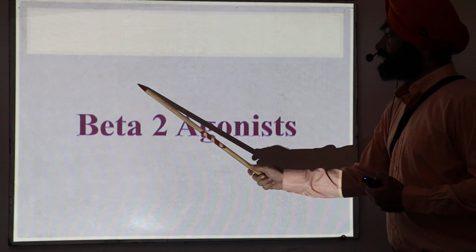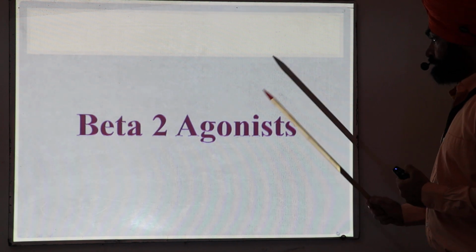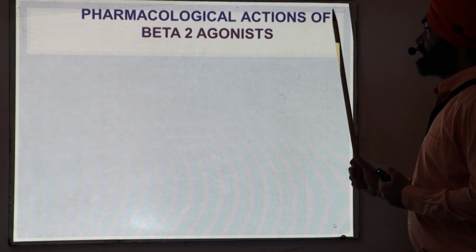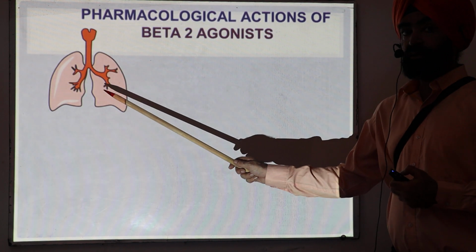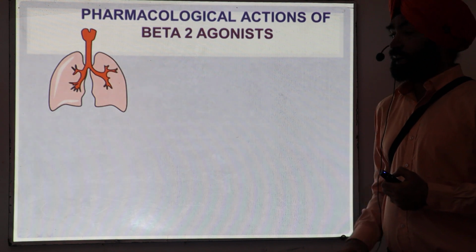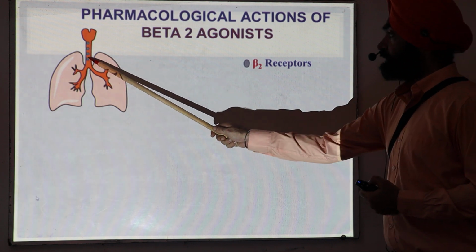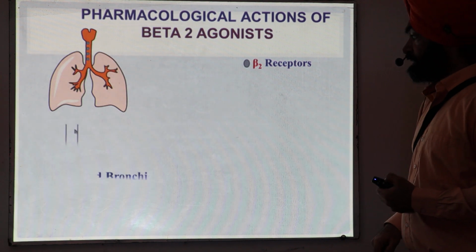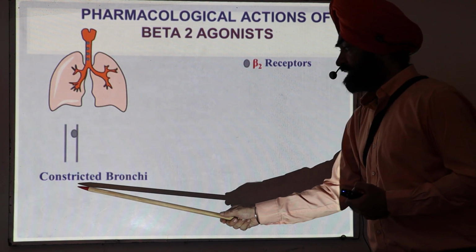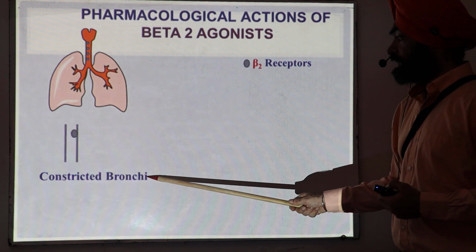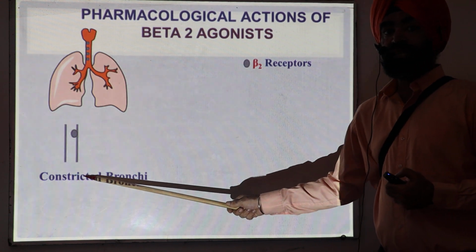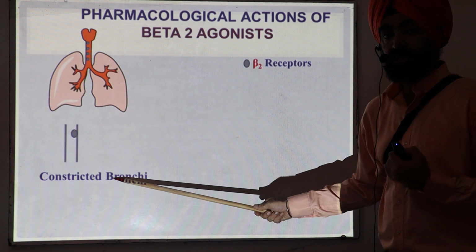Coming down to the beta 2 agonist class, pharmacological actions. The very important location is the bronchi. Beta 2 receptors are located on the bronchi. So let's say we have a condition in which the bronchi are constricted, like in asthma or COPD.